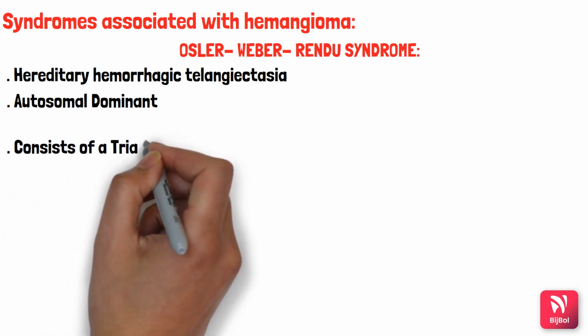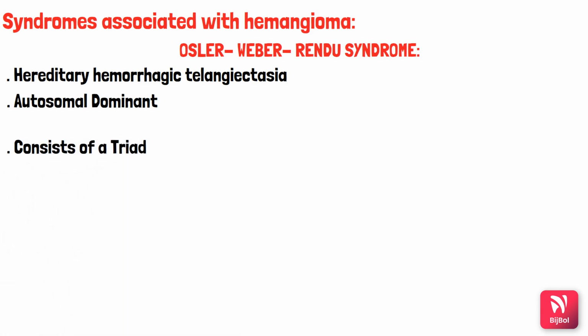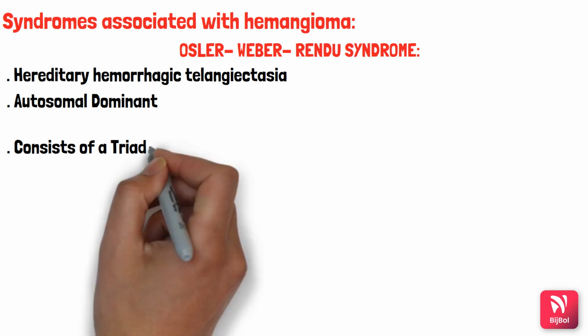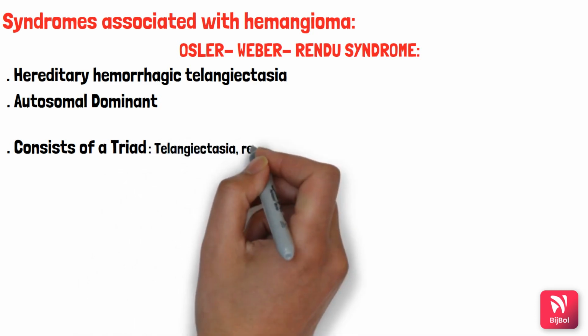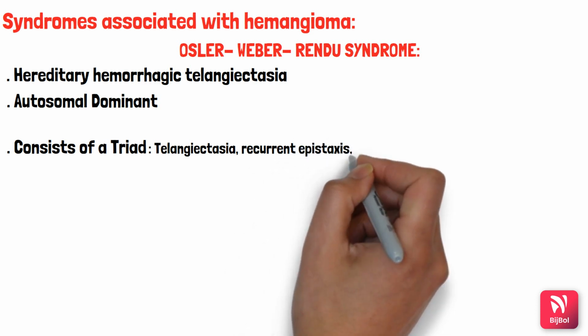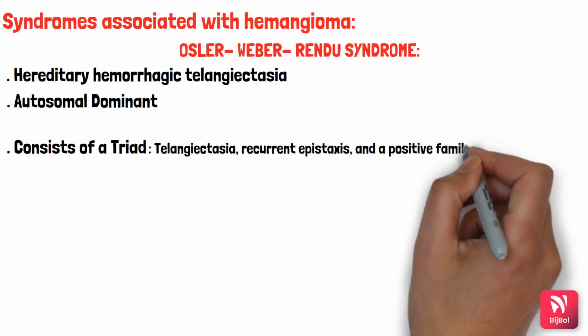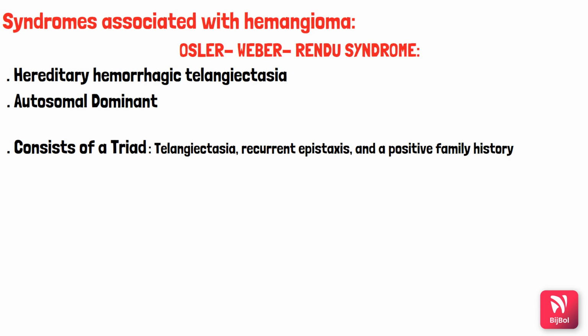It consists of a triad of telangiectasia, recurrent epistaxis, and a positive family history for the disorder. So these telangiectasias are nothing but dilated blood vessels, sometimes present like spider-like veins, and recurrent epistaxis, that is bleeding from the nose, will be there, and positive family history, any family member must be having the same disease. Okay, so this is the triad of Osler-Weber-Rendu syndrome.